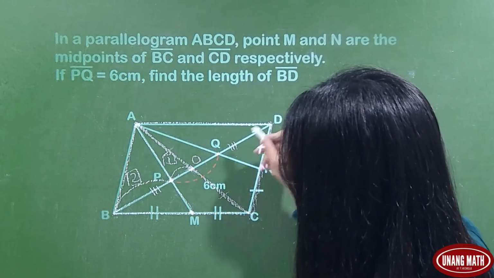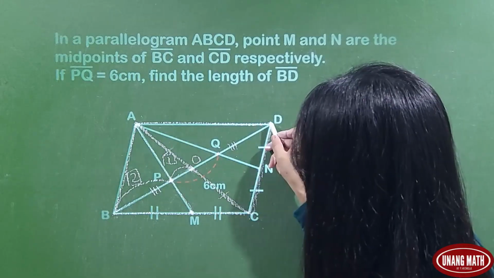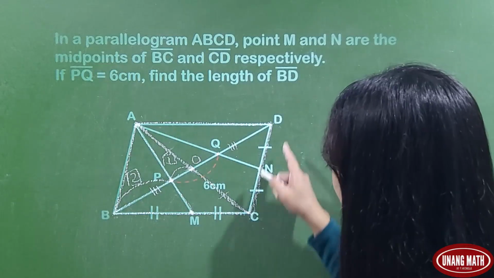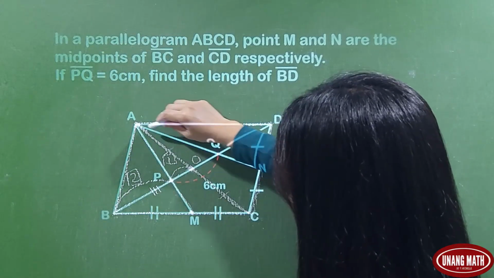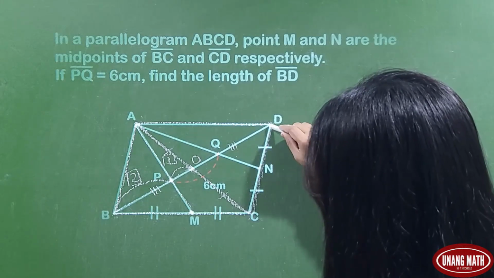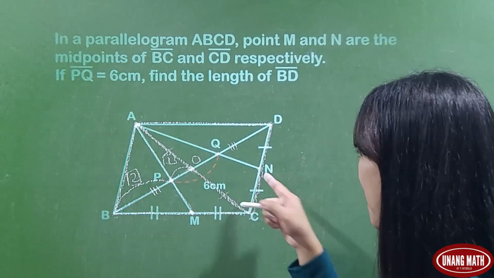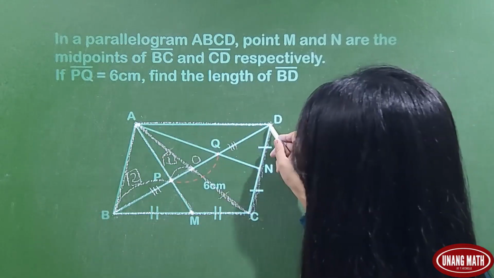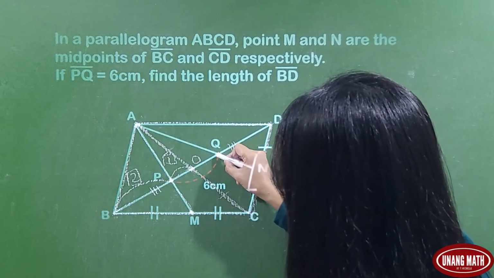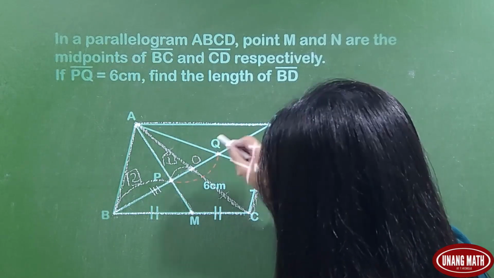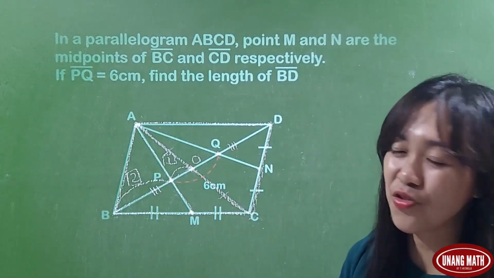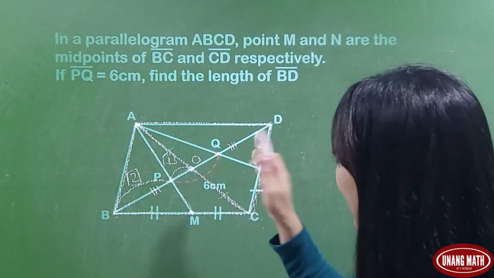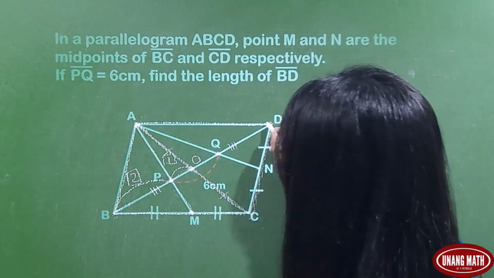From this vertex to this midpoint of segment AC, this segment DO is a median for triangle ACD. We have another from this vertex to this midpoint of segment CD. This segment AN is another median for this triangle ACD. They meet at this point Q. So point Q is the centroid for this triangle. So the centroid divides the median in a ratio of 2:1.